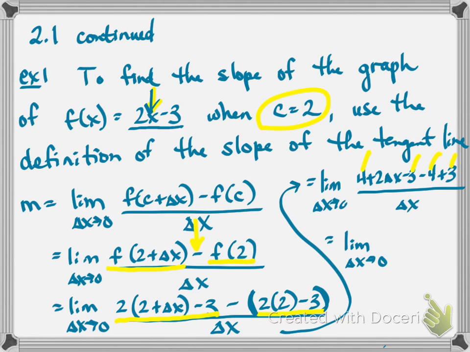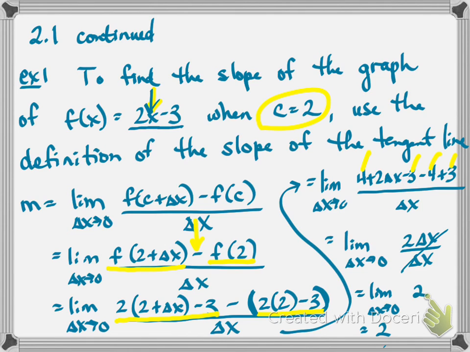We're left with nothing but 2 delta x over delta x. And those delta x's cancel. So it's the limit as delta x approaches 0 of 2. And the limit of a constant is that constant.